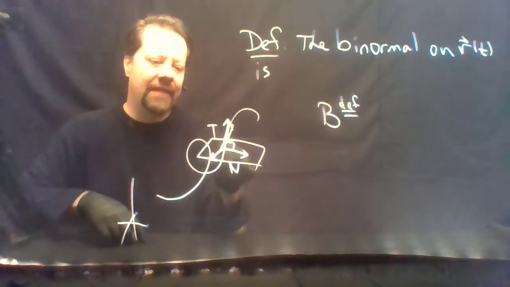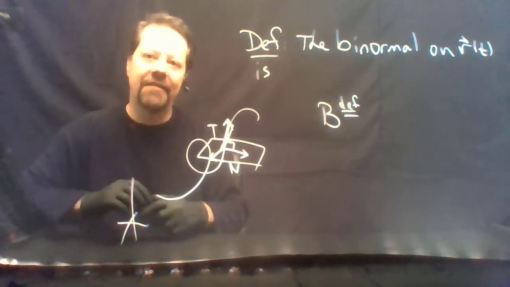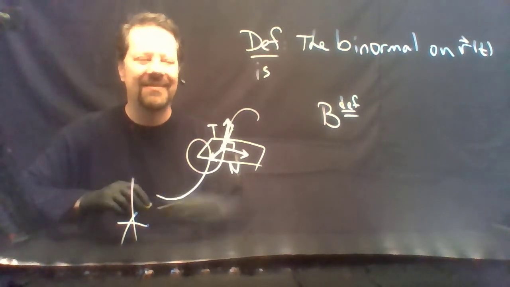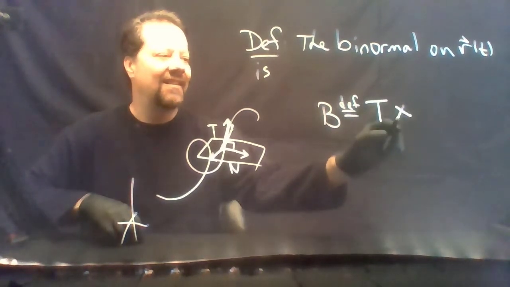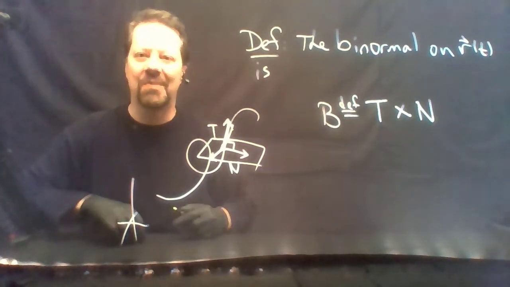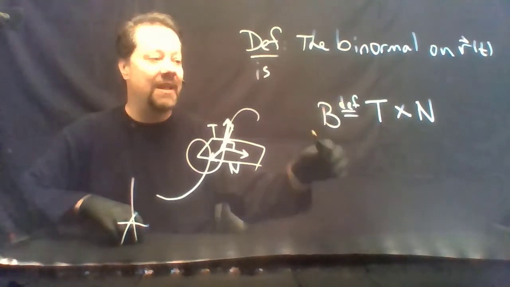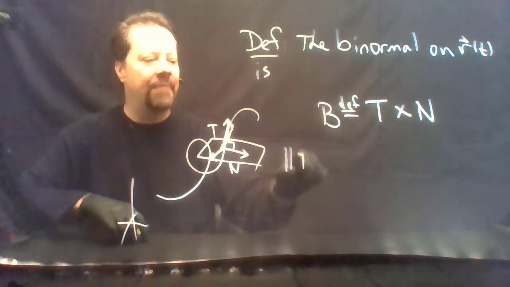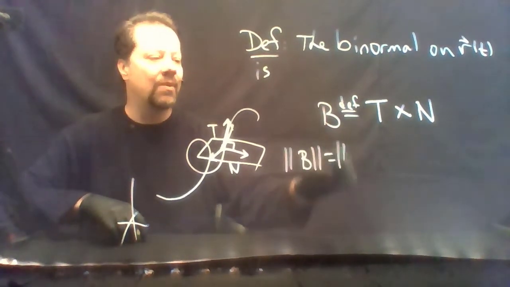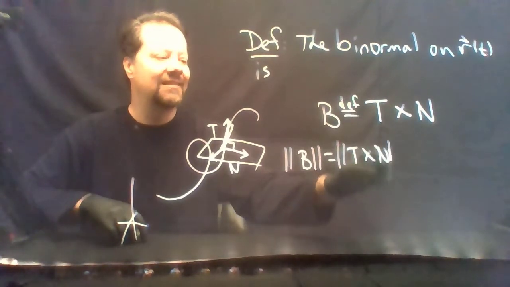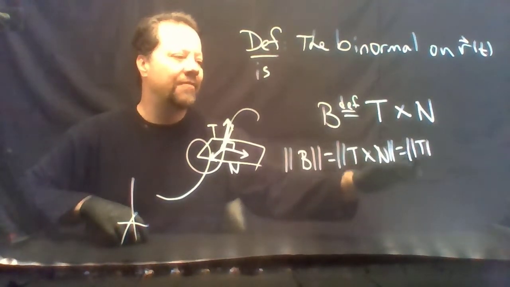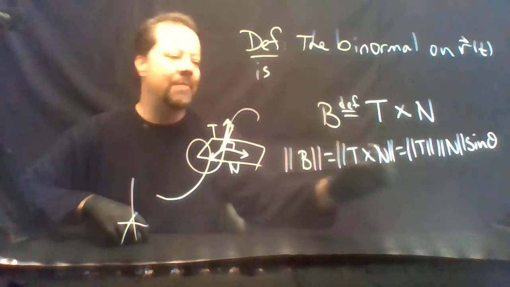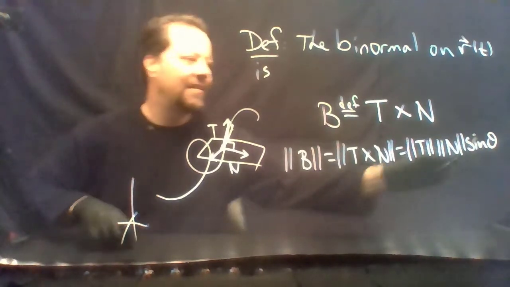Now, if you had two vectors, t and n, and you wanted to find a vector that was normal to each, what would you do? Yep, you would take the cross product of t and n. That would certainly be normal to both t and n. Note that the norm of b is equal to the norm of t cross n, which is the norm of t times the norm of n times the sine of the angle theta between t and n.